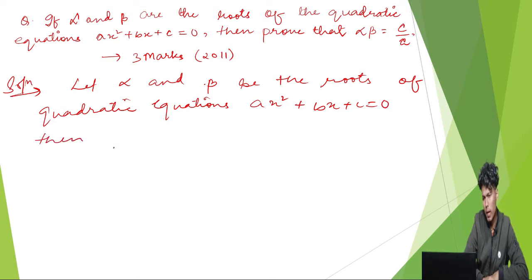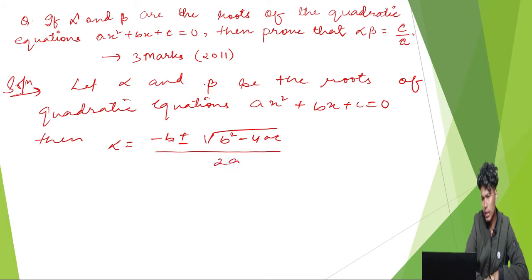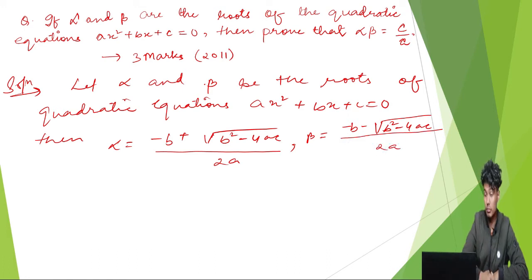Then alpha is equal to minus b plus root over b square minus 4ac divided by 2a, and beta is equal to minus b minus root over b square minus 4ac divided by 2a. So we need to prove alpha into beta is equal to c by a. So let us prove alpha into beta.